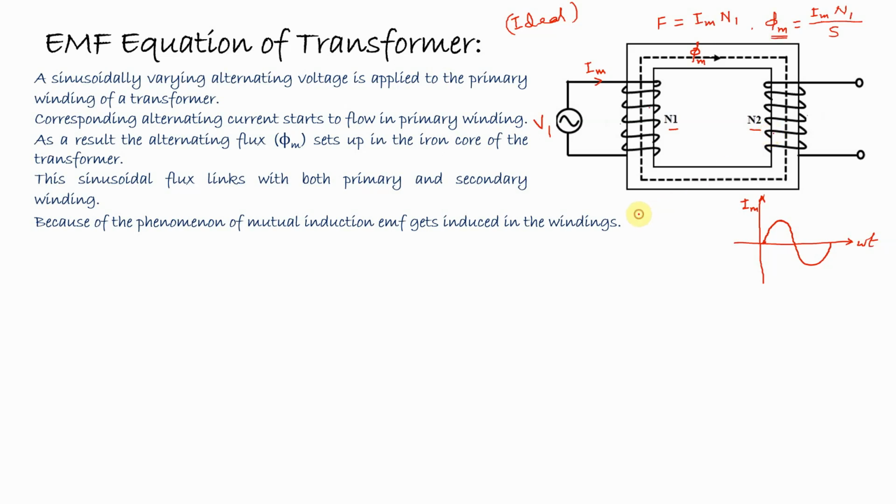Then, according to Faraday's law of electromagnetic induction, the EMF will be induced in the primary winding as well as in the secondary winding because the flux is changing with respect to time. Therefore, depending upon the number of turns in the primary as well as in the secondary, the EMF will be induced in the primary and also in the secondary side.